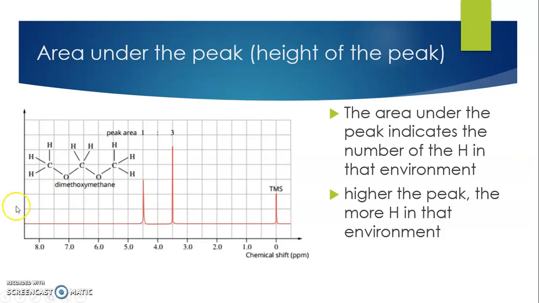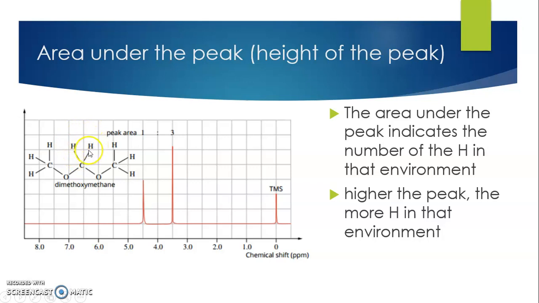So for example, in this case, we have a compound that looks somewhat like this. It has 2 hydrogen environments, which means that it will produce 2 peaks. Because it's a symmetrical compound, these 2 carbons connected to the 3 hydrogens, altogether 6 of them, are in the same environment. Okay? And the 2 hydrogens in the middle are in a different environment.